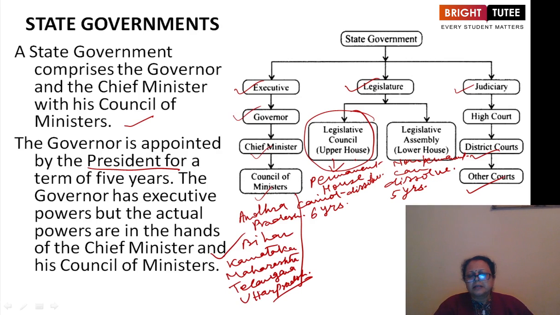These are the 6 states where the legislative councils are being practiced. They have the bicameral legislature at the state government level.